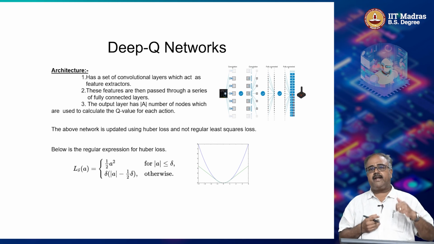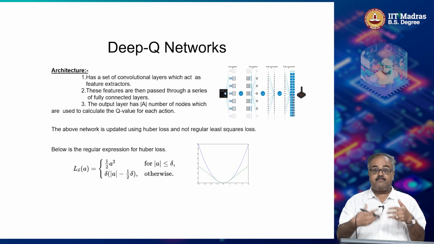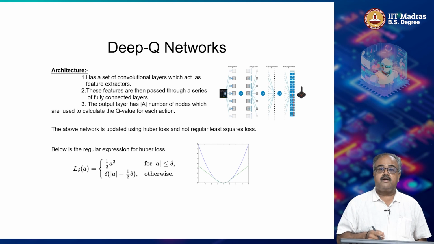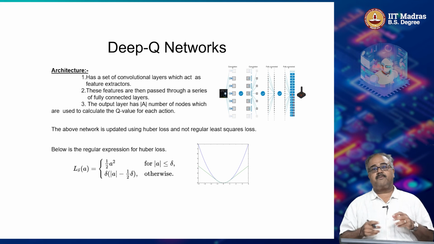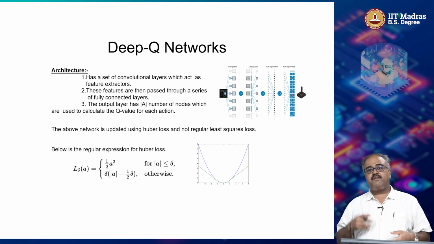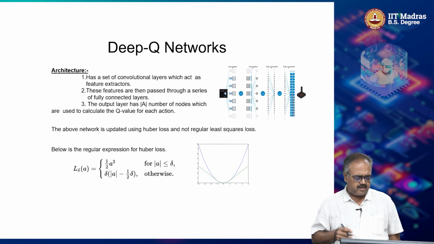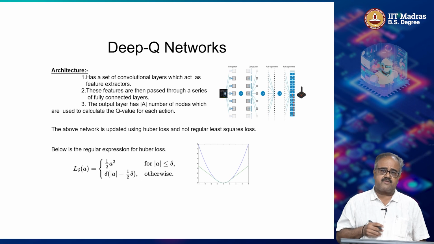Instead of concatenating 4 frames, you use an LSTM to summarize the frames and then feed that into the convolutional network. And there are other places where people have tried to learn the features and then use an LSTM to concatenate the features.